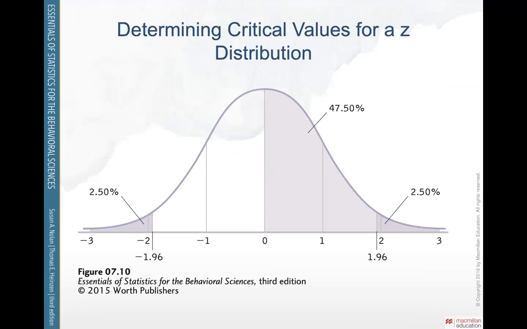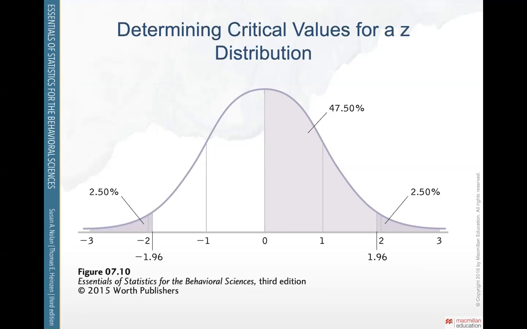So we talked about the critical boundaries and the critical region. The critical boundary that we're going to care most about in this class will be negative and positive 1.96, plus or minus 1.96. This is probably the most important critical z value. This is the z-score which marks the boundary into the critical region when you have a two-tailed test where alpha equals 0.05.